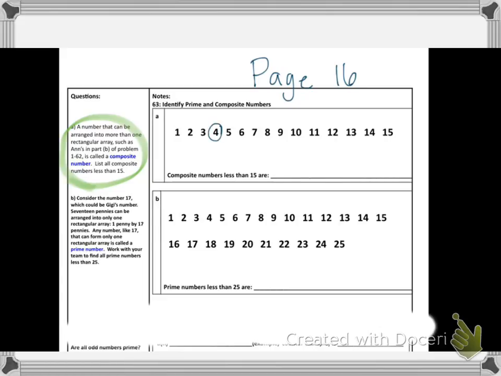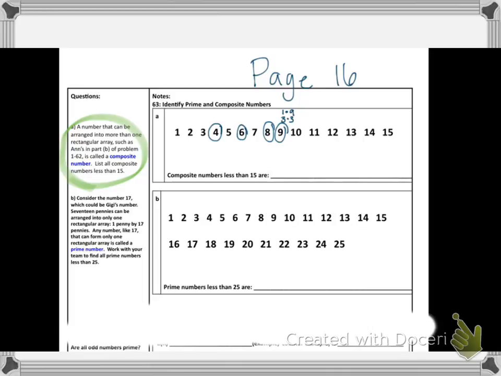If we continue to look at that cherry sheet, 5 only has one rectangular array, 1 times 5. 6 has more than one. 7 only has one. 8 has more than one. 9 has more than one. Be careful with thinking about it as only even or odd numbers, because 9, look at your cherry sheet, is 1 times 9 and 3 times 3.